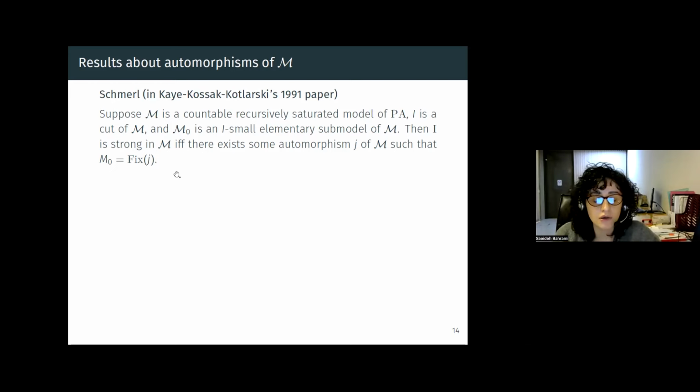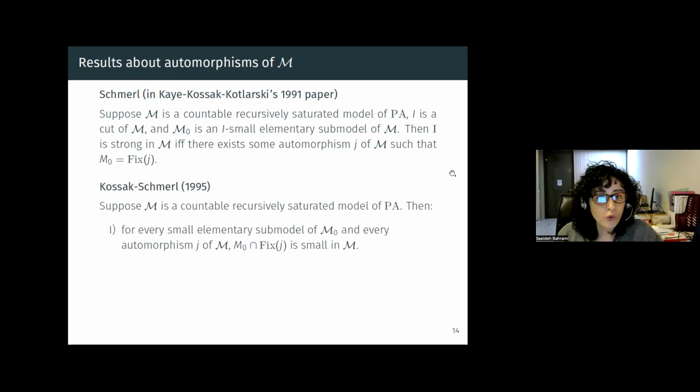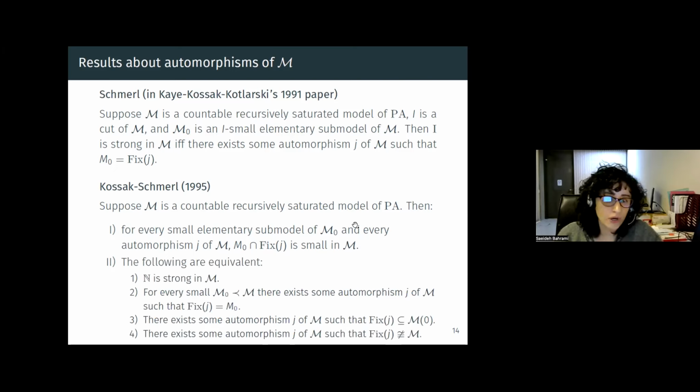The proof is similar to the case when M0 is equal to I. And afterwards, in a paper in 1995, Kossak and Schmerl proved that for every small elementary submodel M0 and every automorphism J, the intersection of M0 and the fixed point set of J is also small in M. And in the same paper, they find some equivalent statement with the strongness of a standard cut.